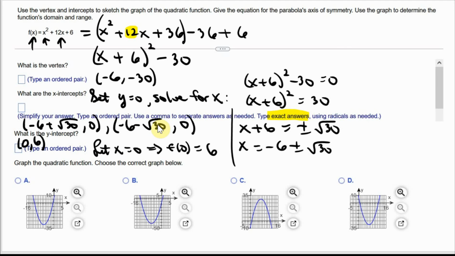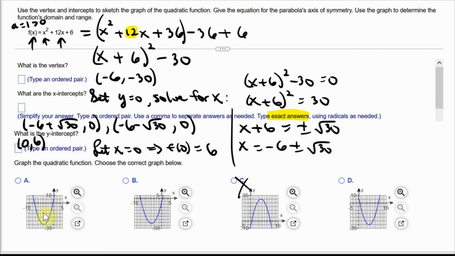And now, let's use all that information to graph this. So let's see, the vertex is, now notice that it's a parabola. It's going to be opening up on both sides. It's going up because a is equal to 1. A is positive. That's the main thing. So if that's the case, then we can rule out C. So now let's find the vertex, negative 6, negative 30.